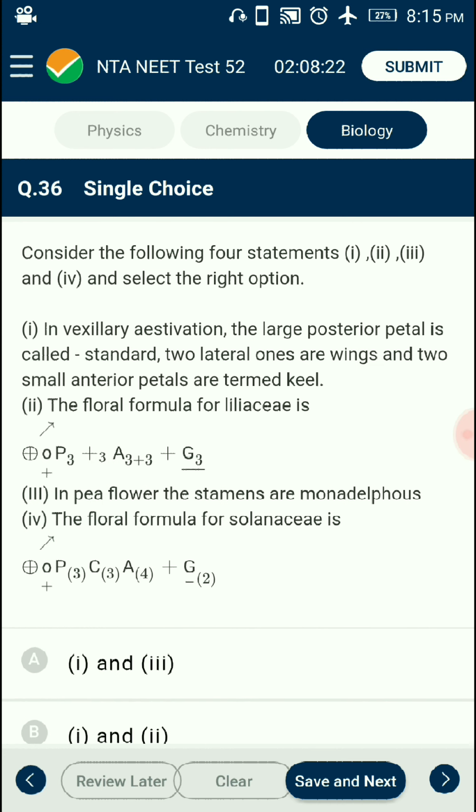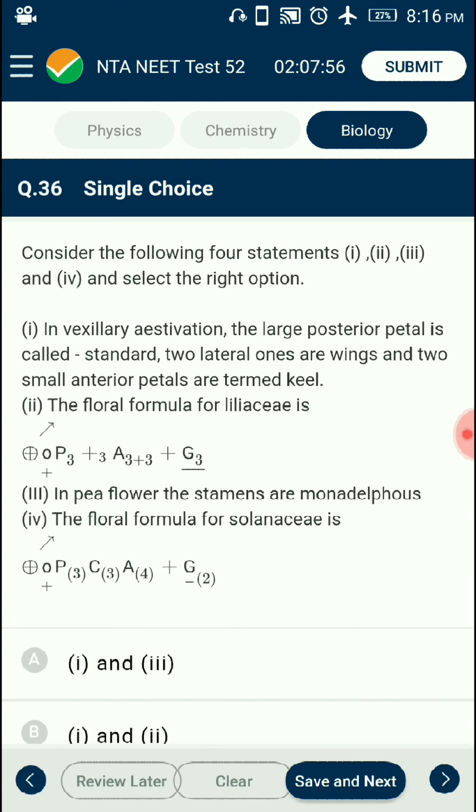Question number 36. Consider the following four statements and select the right option. Vexillary or descending imbricate: the posterior petal is outermost and largest. In it, the standard or vexillum covers two lateral petals, and these two lateral petals cover two anterior ones. Vexillary arrangement is present in the pea family, for example pea, bean.